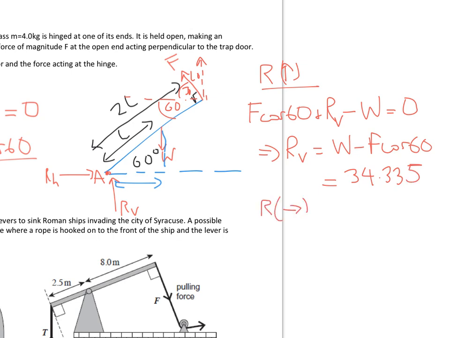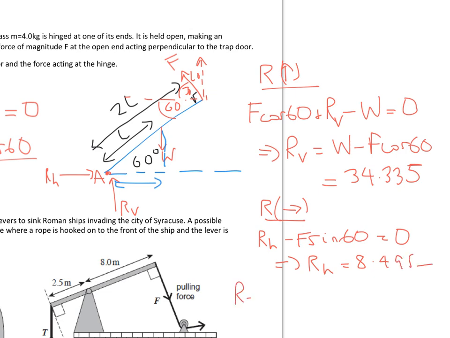So let's resolve horizontally and show that's an equilibrium too. So we've got RH acting to the right, and we've got F sine 60 or cosine 30 acting to the left. So that is the horizontal component of that force. And we can solve that to find RH, which is going to be 8.495, and so on.